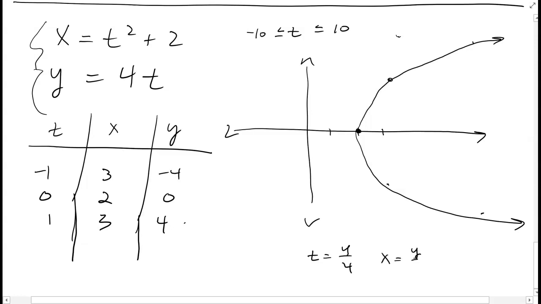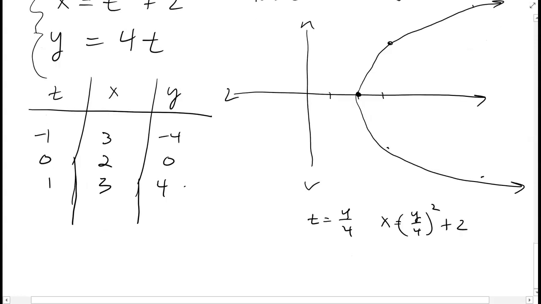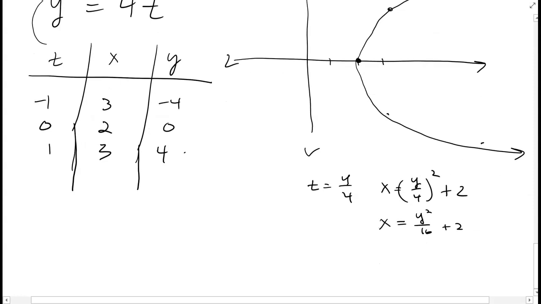So then x would be y over 4 squared plus 2, right? X equals, not y, x. So x equals y squared over 16 plus 2. And you can manipulate it any way you want, but you don't have a function.